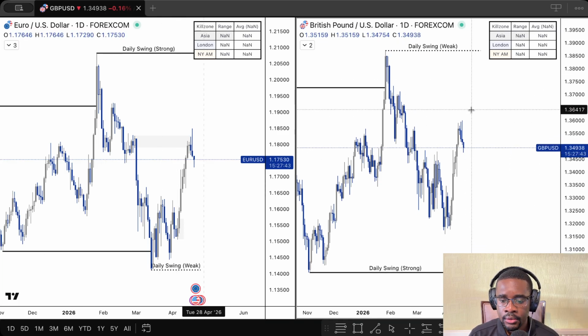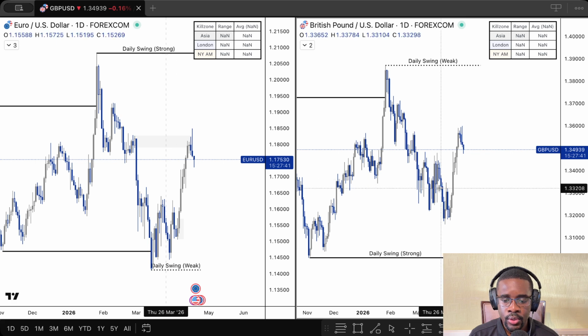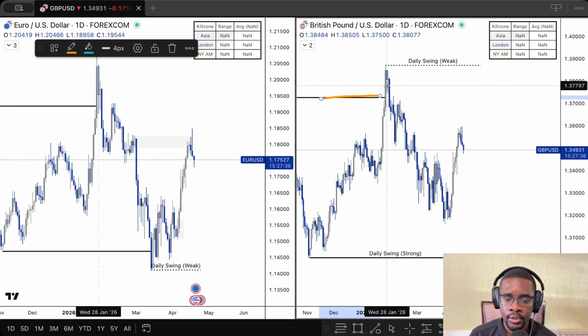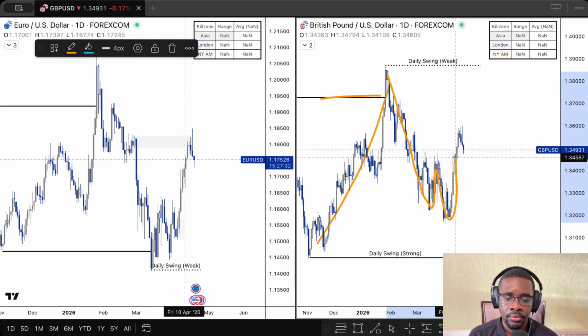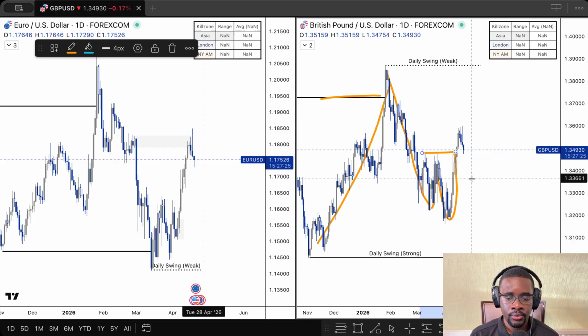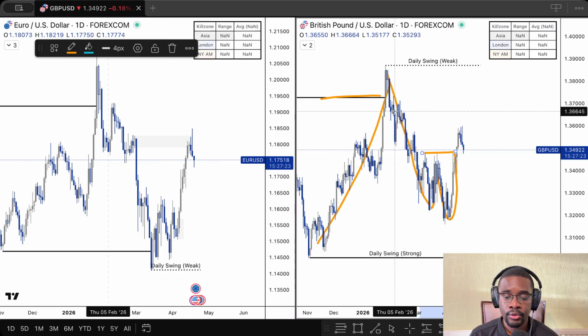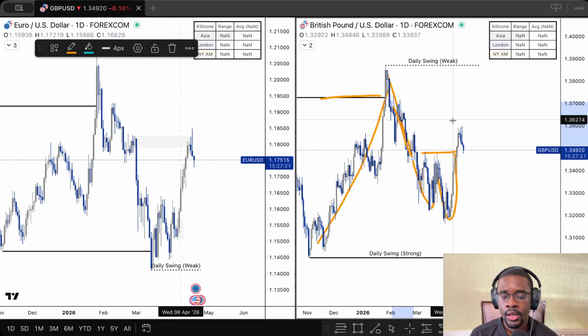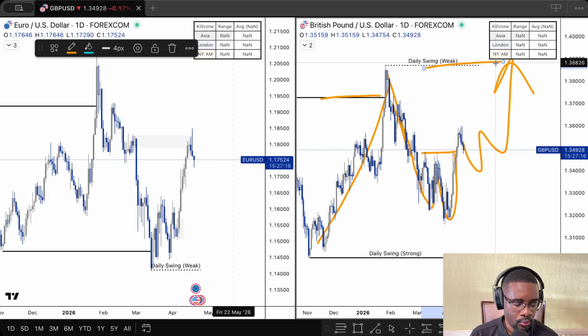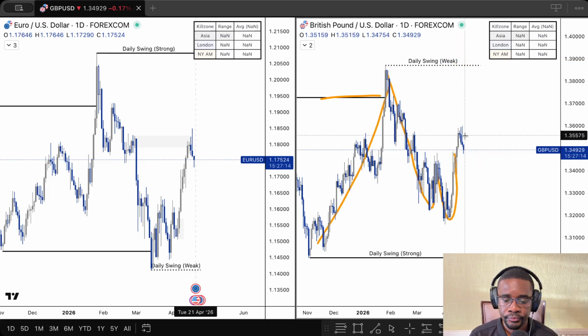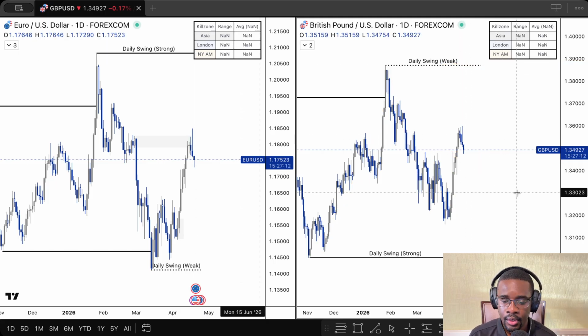Looking at the daily swing on the pound, this was our last swing break of structure, so the pound is bullish, and then we've been in this pullback phase, and then we've had this break of internal structure, bullish. So this could be the end of this swing pullback phase, and price could now be willing to push up until it takes out the daily weak high.